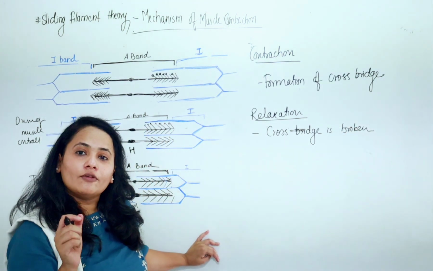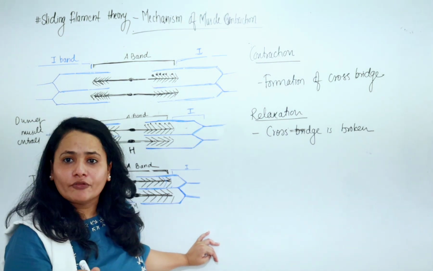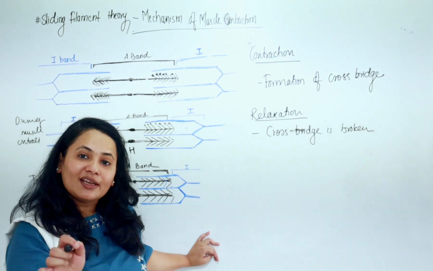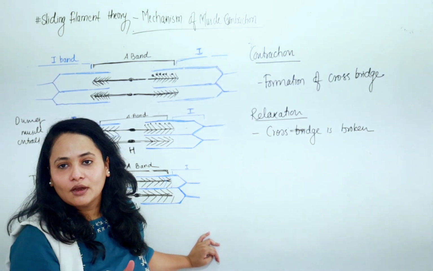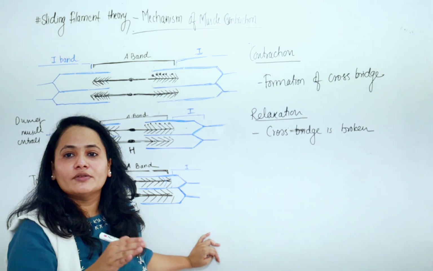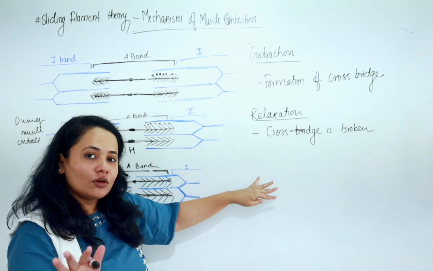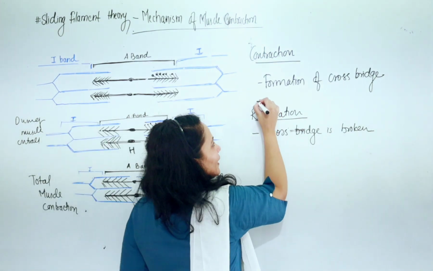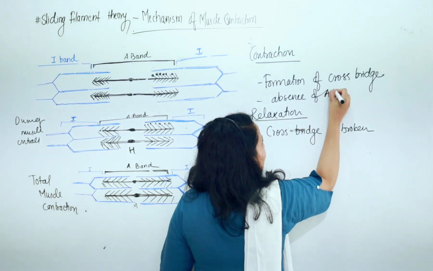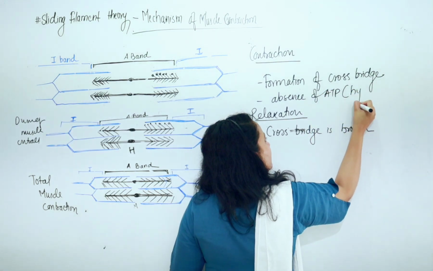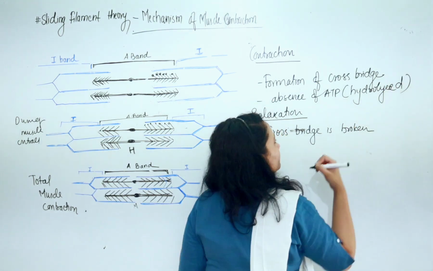Now, formation of cross bridge is taking place when? It is in the absence of ATP, because unless and until the ATP gets hydrolyzed, how can the myosin filaments get energy? So remember that the formation of cross bridge is taking place in absence of ATP, because here ATP is already hydrolyzed.